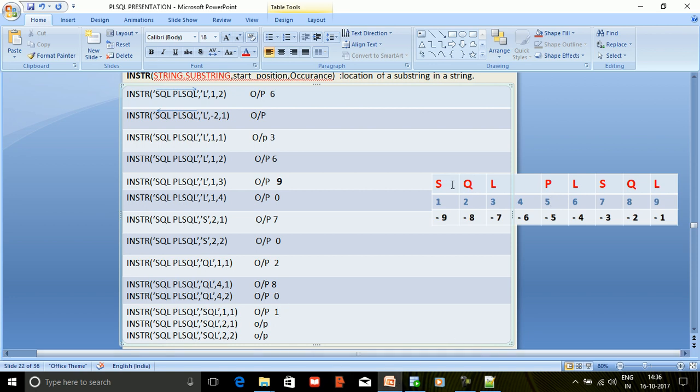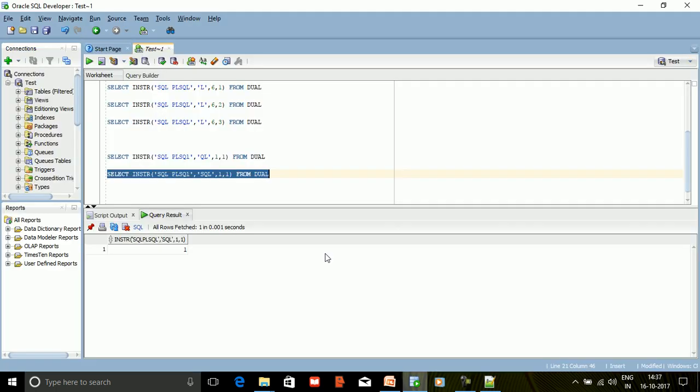So 2 comma 1 means you are asking from the second position. SQL space is equal to SQL? No. L space P is equal to SQL? No. Space PL is equal to SQL? No. PLS is equal to SQL? No. LSQ is equal to SQL? No. SQL is equal to SQL, right? So the output would be the 7th position.